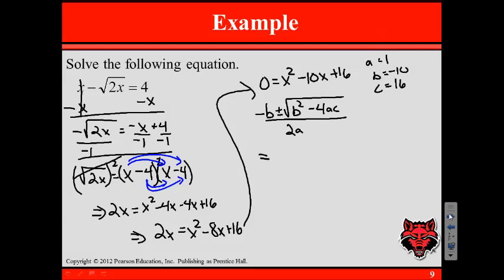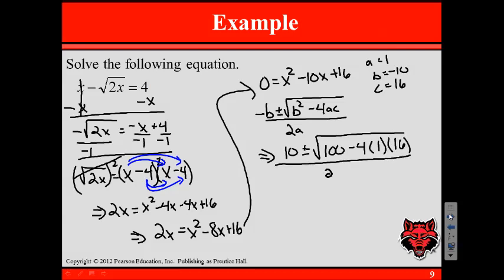Plugging in will give us positive 10 plus or minus the square root of negative 10 times negative 10 is 100, minus 4 times a, which is 1, times c, which is 16, all divided by 2 times 1. We reduce a little bit more: 10 plus or minus the square root of 100 minus 64 all over 2. And let's take what we have to the next slide.